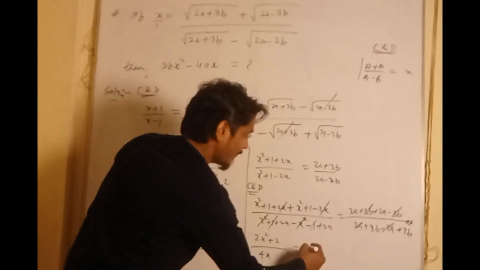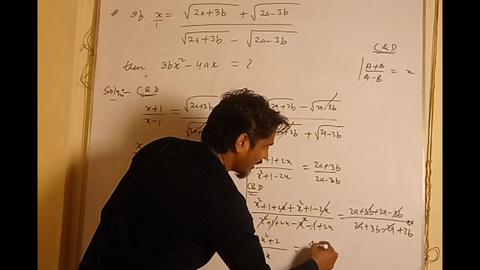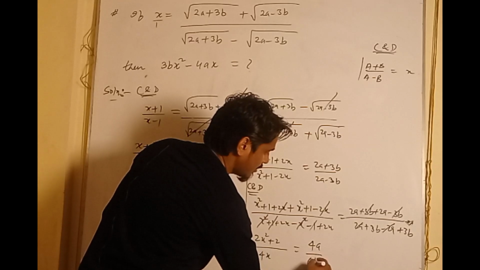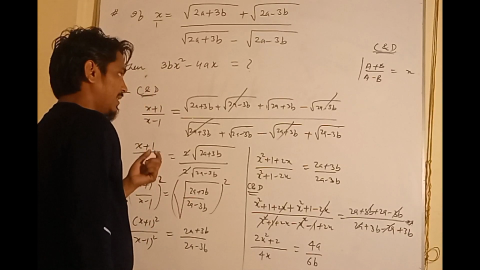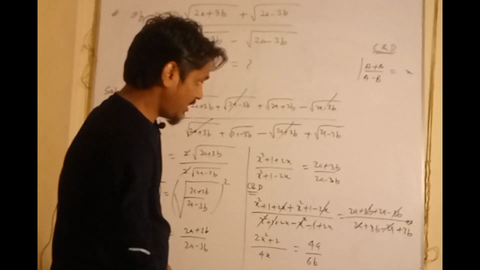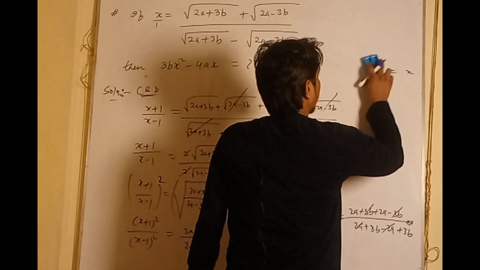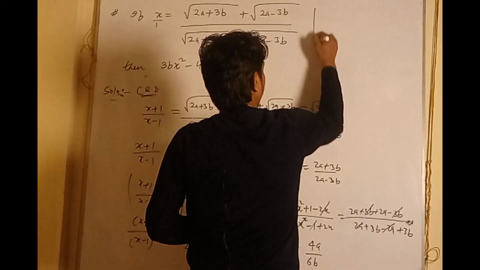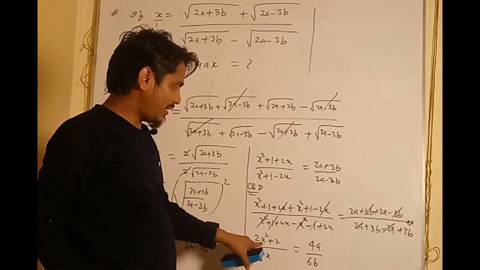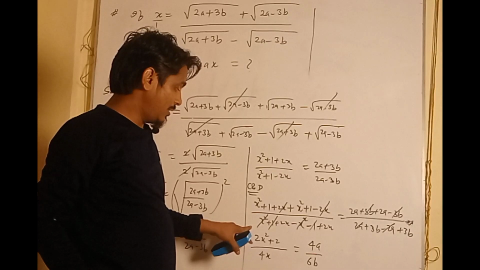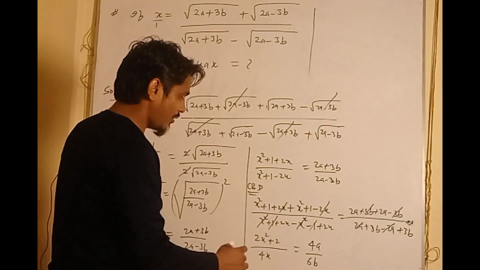So on the right we have 4a by 6b. Now we just need to simplify this. As in the numerator 2 is common, by taking 2 common, this will become 2 times (x square plus 1). That 2 is going to cancel with this 4x.